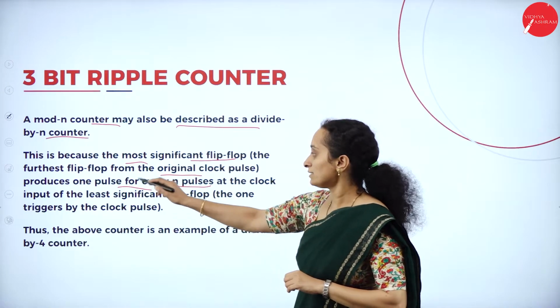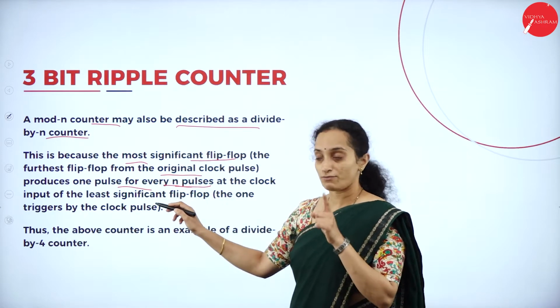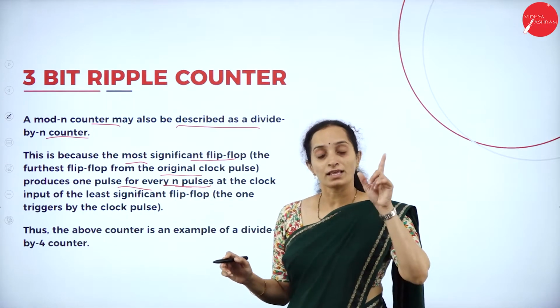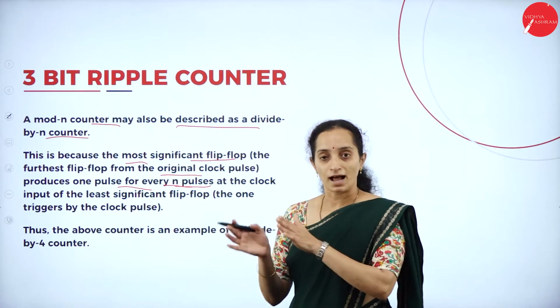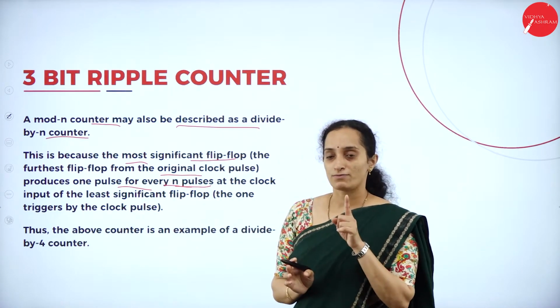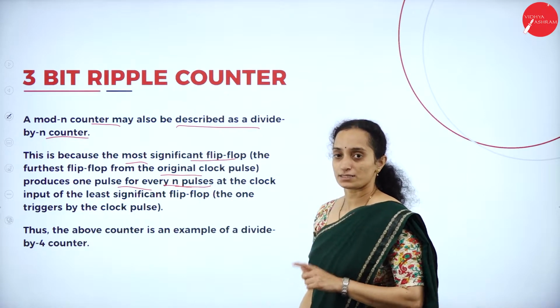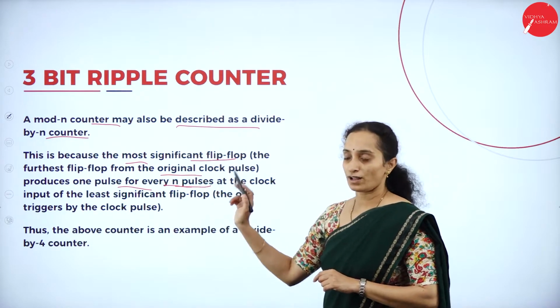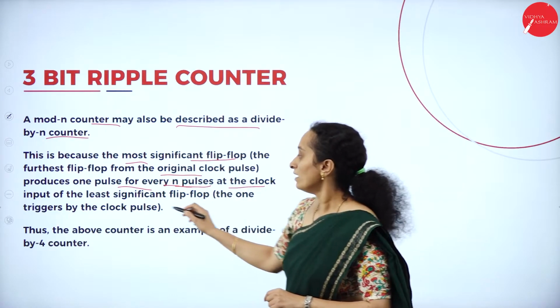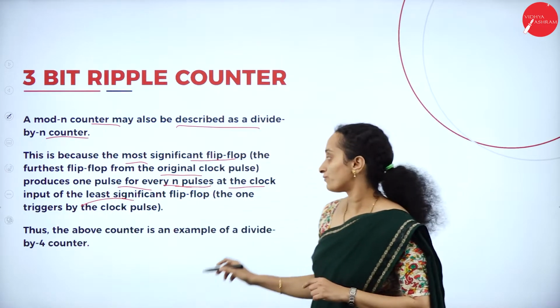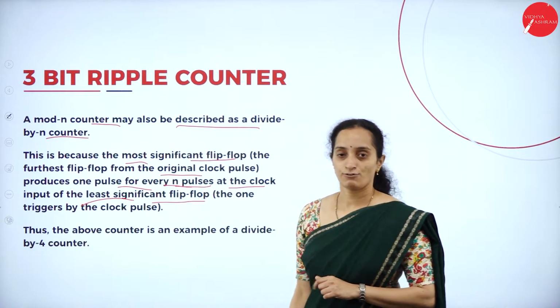So it produces only 1 pulse for every n pulses. The last counter produces only 1 output for every n pulses, at the clock input of the most significant flip-flop.